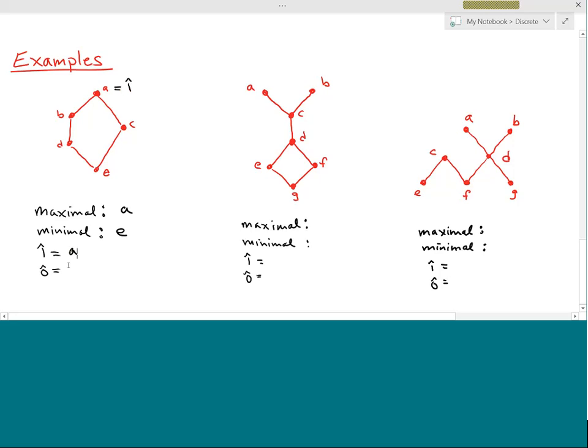Now, what about this least element or minimum element? Make sure I don't misspeak on you guys. Any guesses who might be the least element or the minimum element? This is the element that from this vertex in your Hasse diagram, you can travel up the Hasse diagram and reach everybody else in the Hasse diagram.